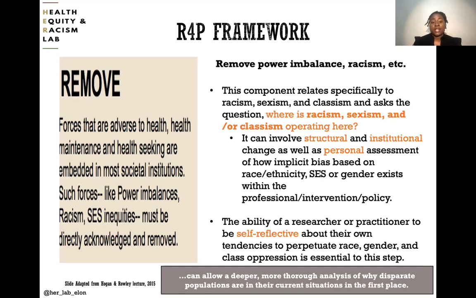It also allows for a deeper and more thorough analysis of why disparate populations are in their current situations in the first place. So it really allows you to get into critically analyzing why the health inequities that we have today exist, while factoring in the power imbalances that exist in our society.